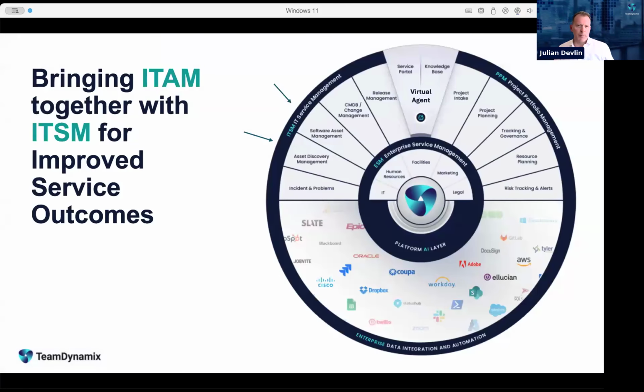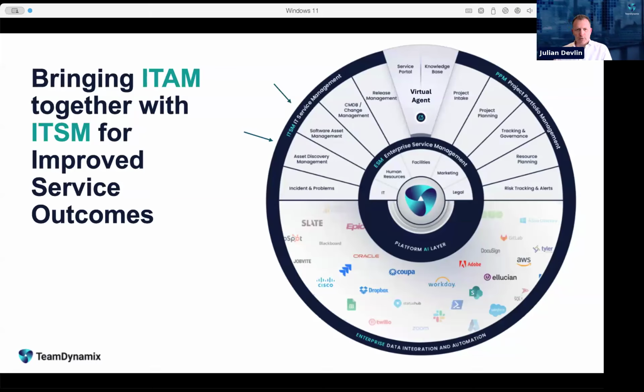As some of you may know, Team Dynamics is an IT service management and project portfolio management platform, and it has an underlying integration automation layer. It has always had some element of IT asset management in it, such as asset discovery, CMDB, and configuration management.